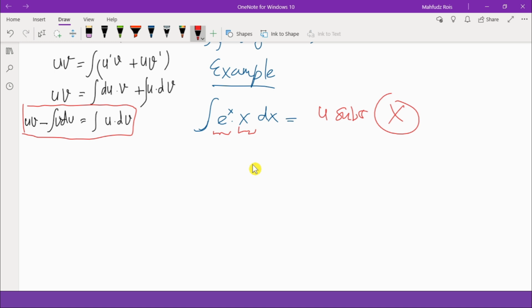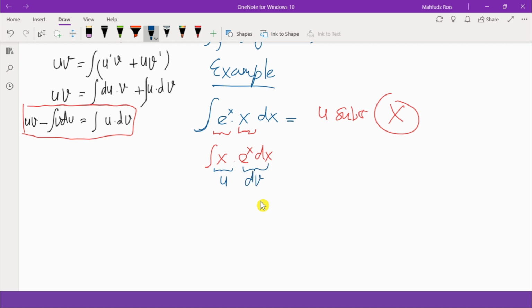Firstly, we can rewrite it as x times e to the x dx, and then we change x as u and e to the x dx as dv.